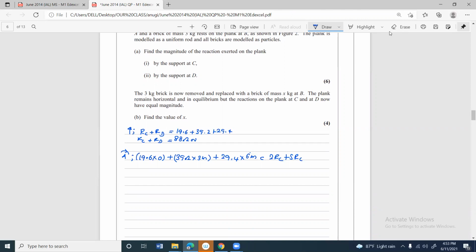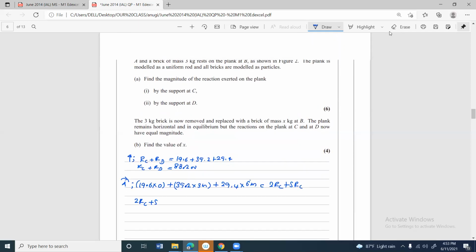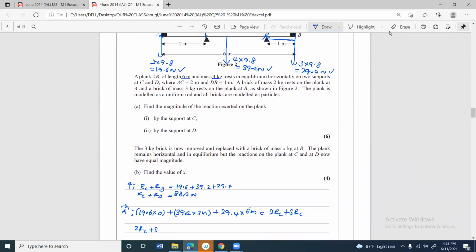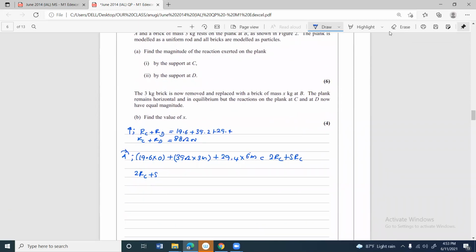That one is 294. So it's 2RC plus, sorry, this is not R6, it should be 5RD. 2RC plus 5RD is equal to 294 newtons.